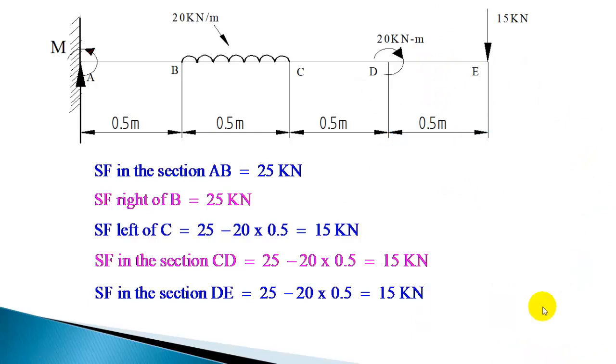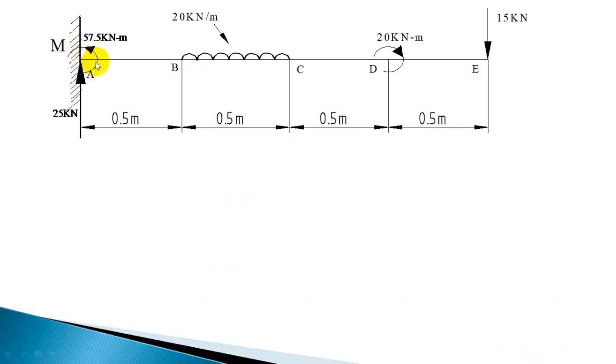Now let us calculate the bending moment at various points. Now, since a couple is acting here, we have to calculate the bending moment left side and right side of point A. So bending moment left of A without considering these couple or forces. So bending moment immediately left of A is 0.